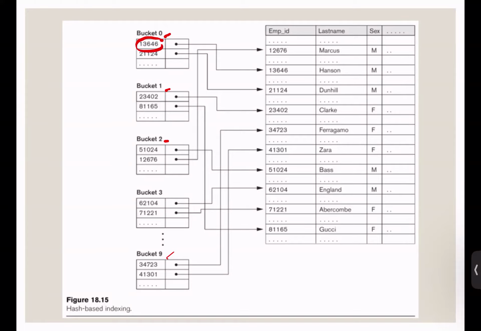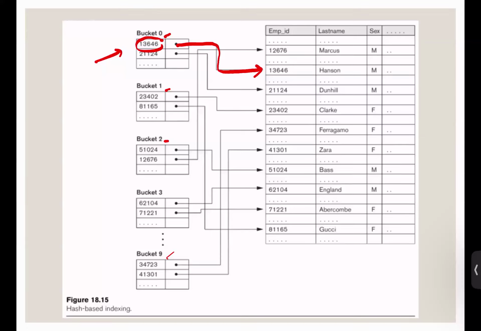So when we want to look for 13646, we just put that into the hash function. The hash function would say, oh, bucket 0. So you go to bucket 0, and then you follow the pointer, and it will point you to the actual data records.